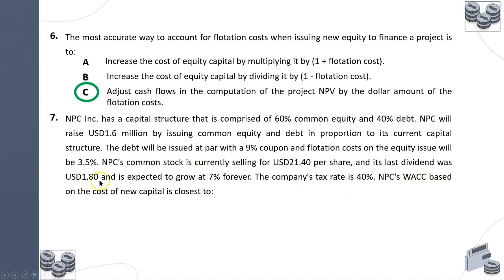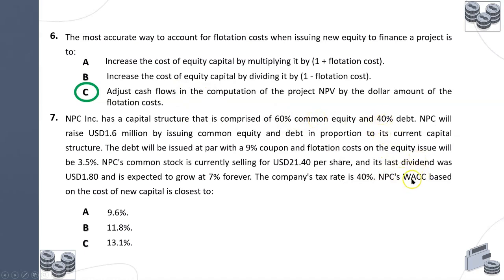So the company's weighted average cost of capital based on the cost of the new capital is closest to, let us see the answers given. To calculate the weighted average cost of capital, we need two components: the structure of the capital, which is 60%, the weight of the common equity, and 40% is the weight of debt.